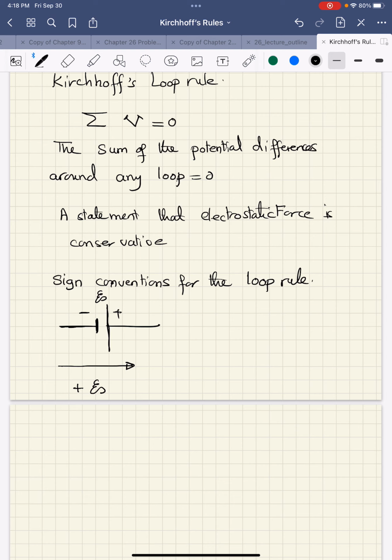If I travel through the EMF, again negative to positive, but my travel is in the other direction, then that is a negative EMF. I am going to show you how we apply these rules.